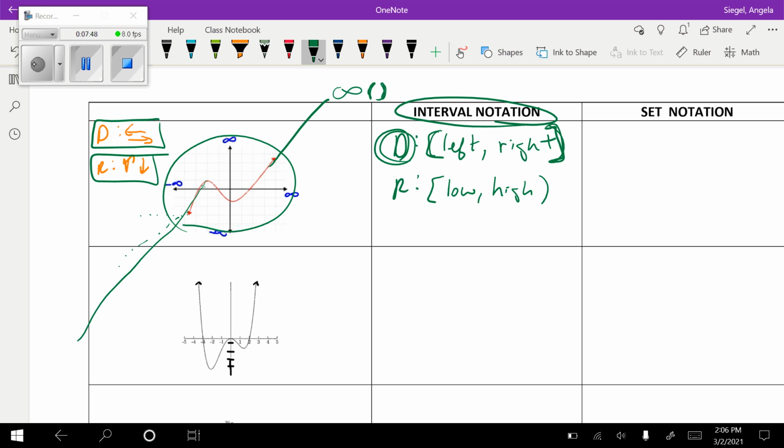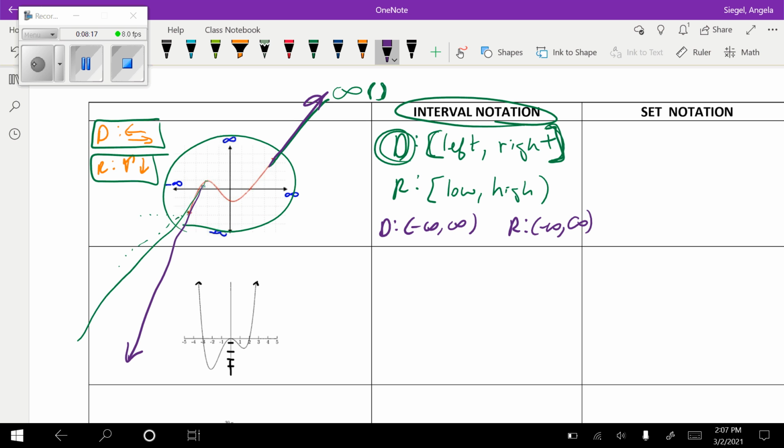So for my domain, I'm going to say negative infinity to infinity. And again, both parentheses, anytime you deal with infinities, they're always going to be parentheses. Okay, so for my range, how low does it go? Well, it's going to go infinitely low, so negative infinity. How high does it go? Infinitely high, so positive infinity.